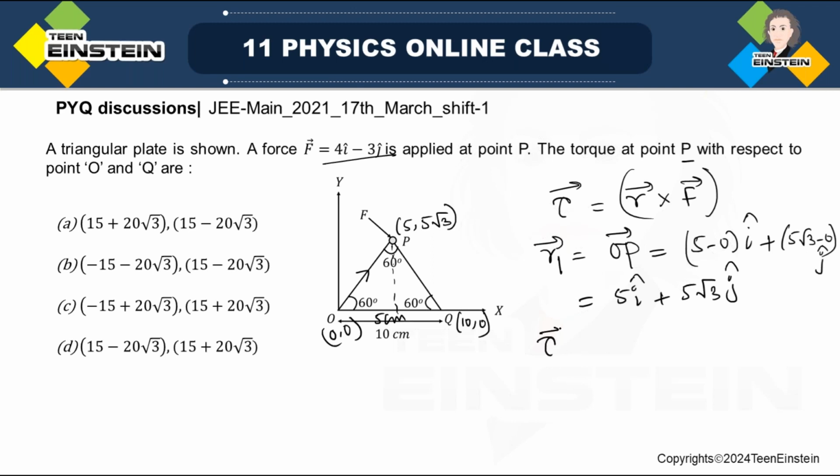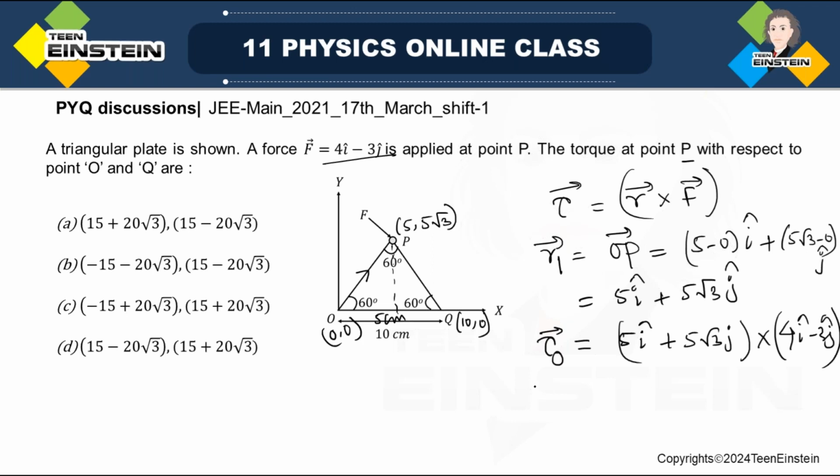Now let us find out the torque with respect to O. Let me write tau O. So r cross F, where F is 4 i cap minus 3 j cap.